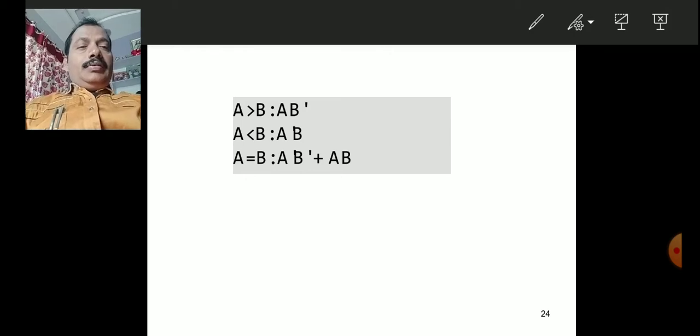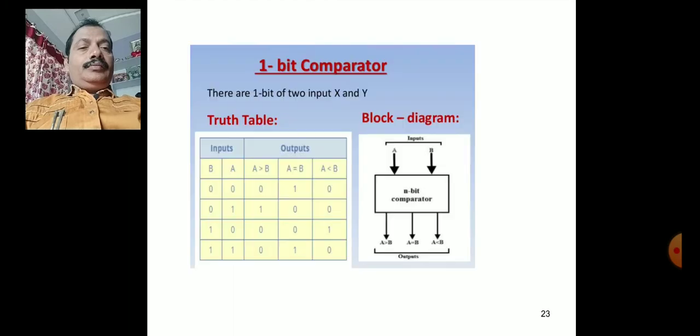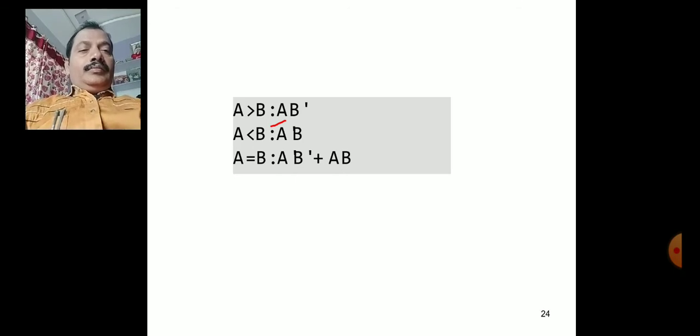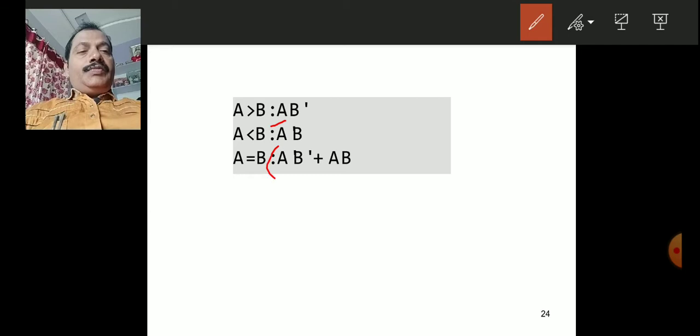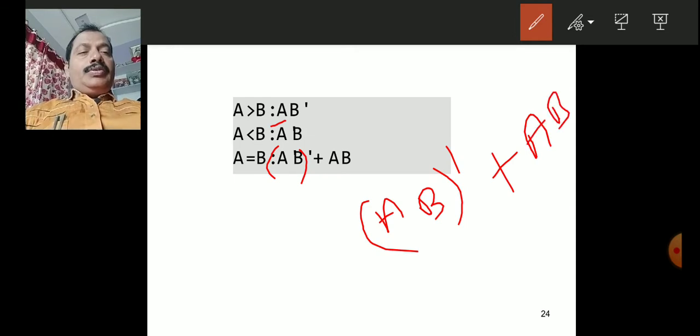A B bar, this is A bar B. For A equals to B, this bar is for both, that you have to remember. That means A B whole bar plus AB, that is the meaning you have to remember. So this is the expression like this.